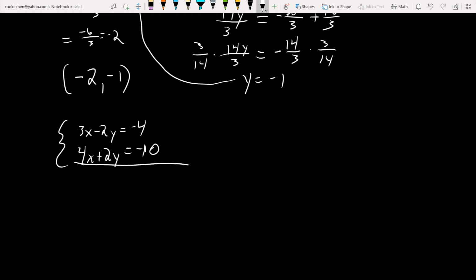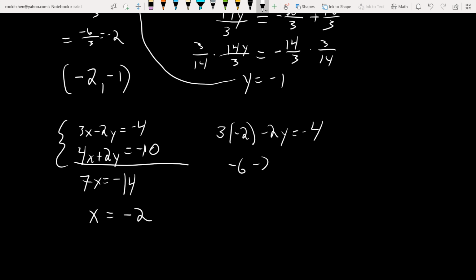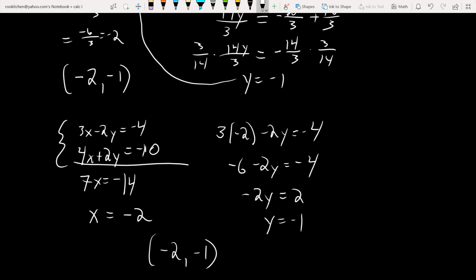If you add column-wise, you'll get 7x, then 2y and negative 2y cancel, and then negative 14 on the other side, divided by 7, and you get negative 2, and then you can plug that back into either equation with both unknowns. And you got your solution a little bit quicker, negative 2, negative 1.